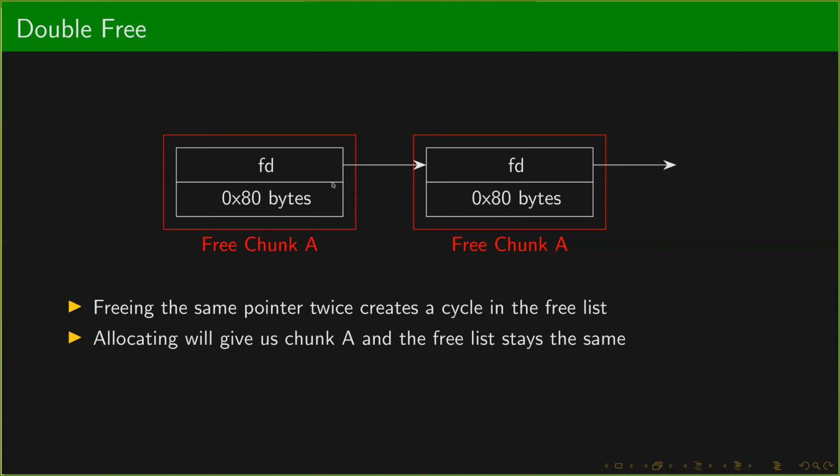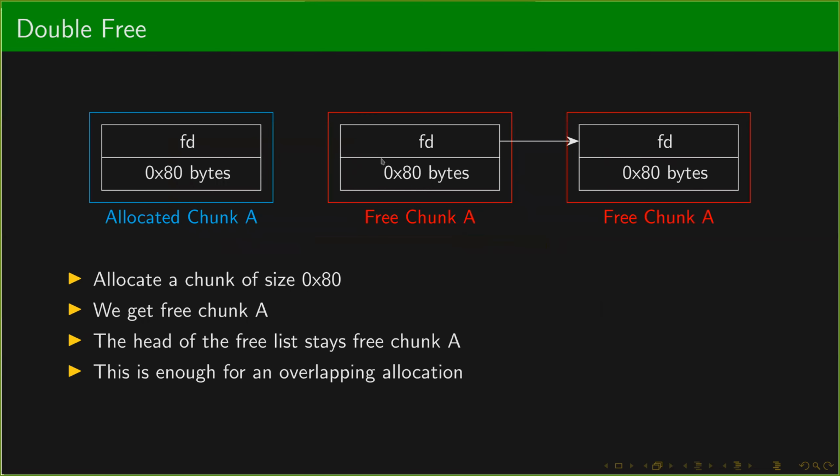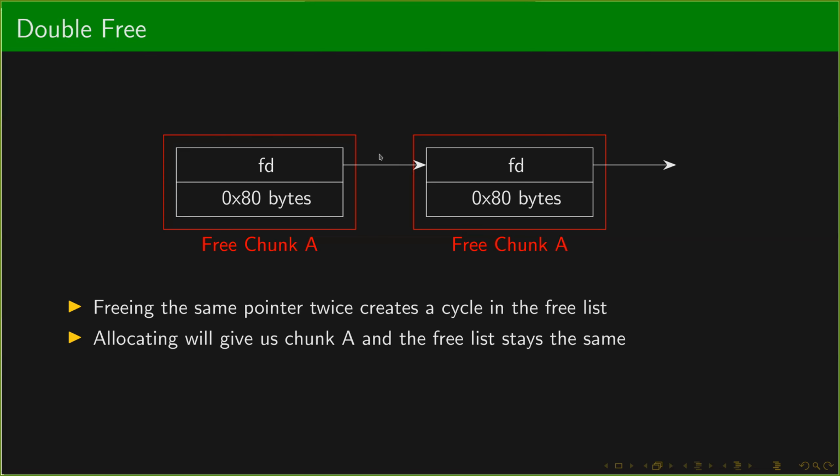So if we were to keep allocating, we would just get free chunk A over and over again. This gives us overlapping allocations for free, because if we allocate twice, we get the same exact memory, and however many times we allocate, we still get the same exact memory.